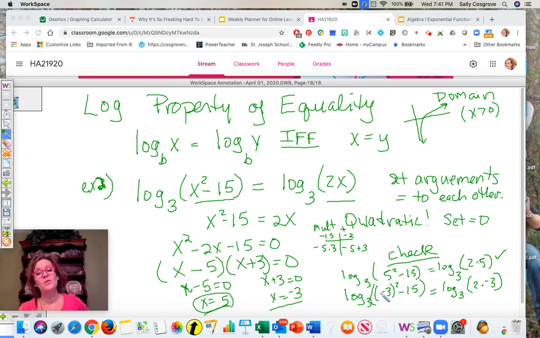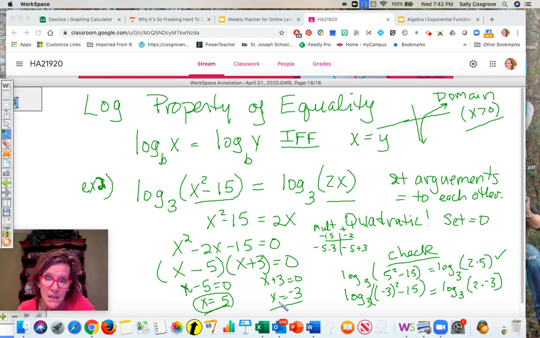And while it's true that log of negative 6 equals log of negative 6, guess what? Negative 6 is out of the domain. You can't take the log of negative 6. Look what's happening over here at negative 6. Nothing. There's nobody over there for you to take the log of. So no, nope.